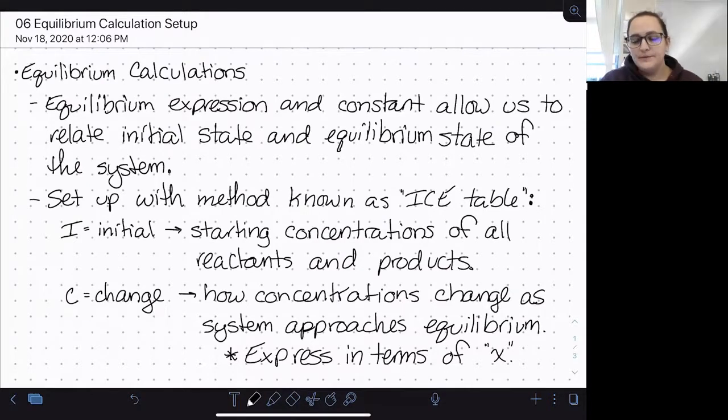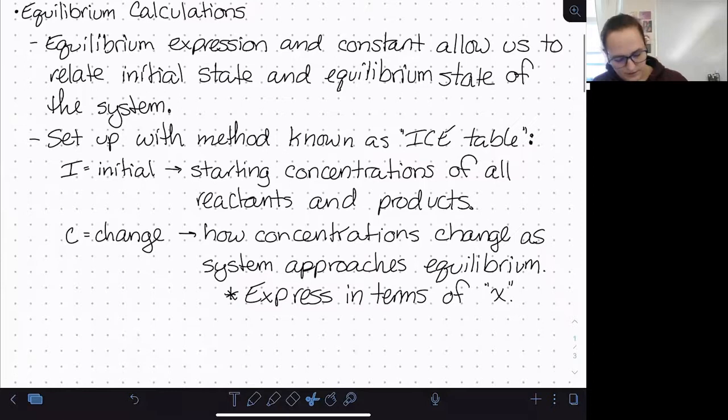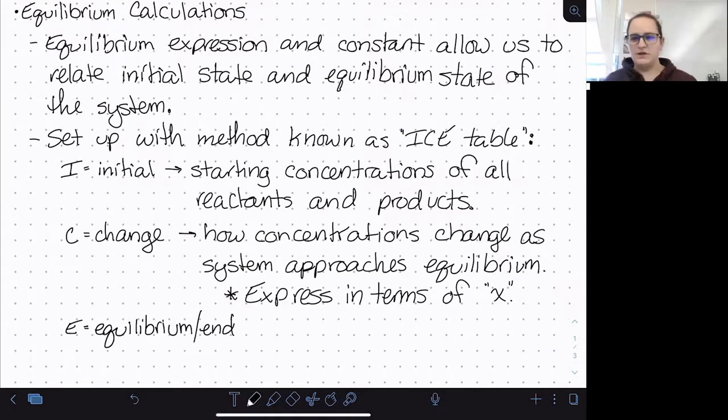We don't know how much our concentration is going to change as we approach equilibrium, and that is part of what we're trying to figure out. And the last row, the E, is for equilibrium. Or sometimes you'll see it referred to as end, the end of the reaction.